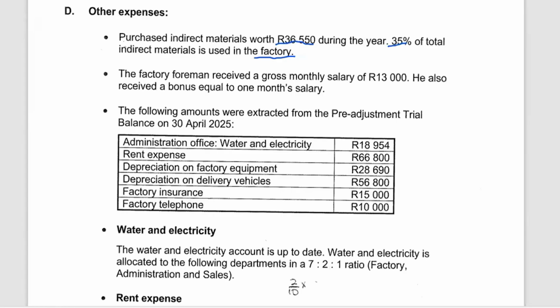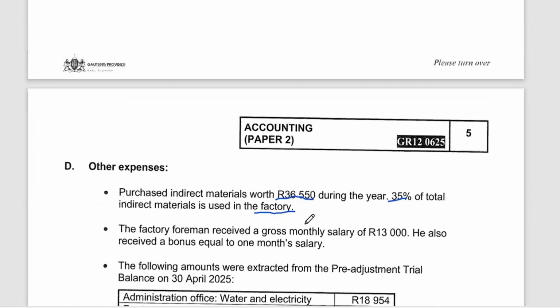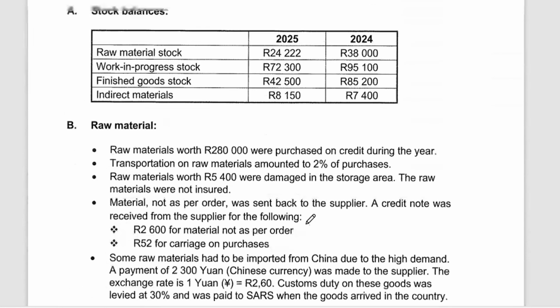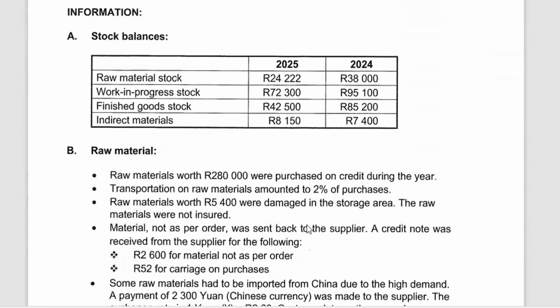So let's check the information that affects our indirect material. So we have the opening balance of indirect materials, which is 7,400. We also have the closing balance of the indirect materials, which is 8,150.